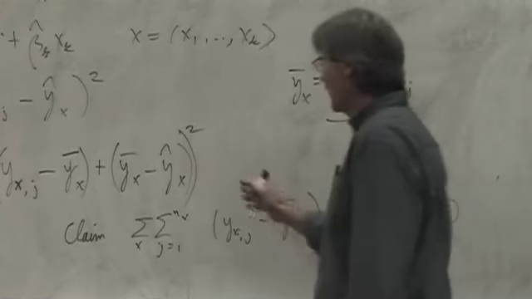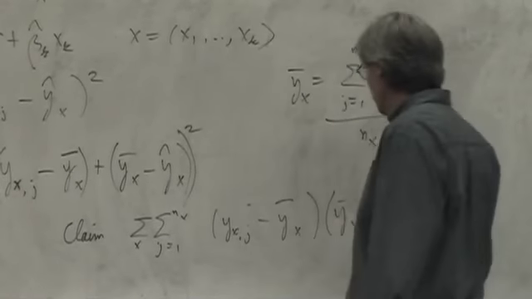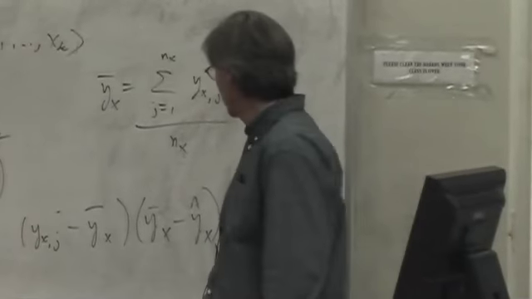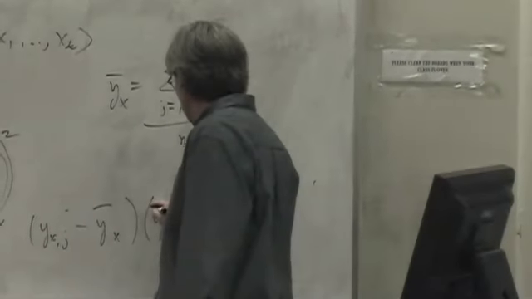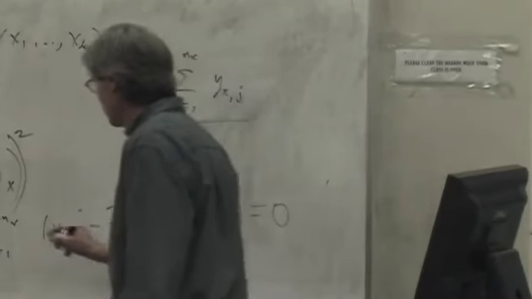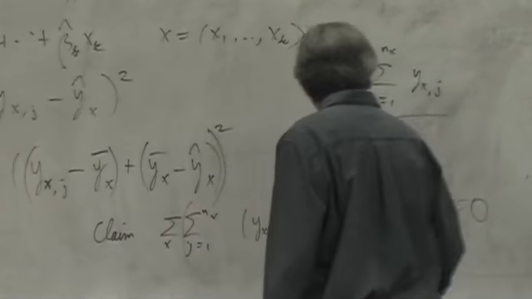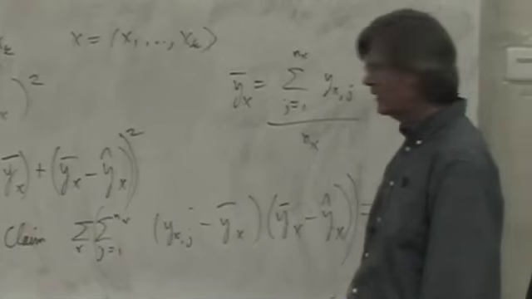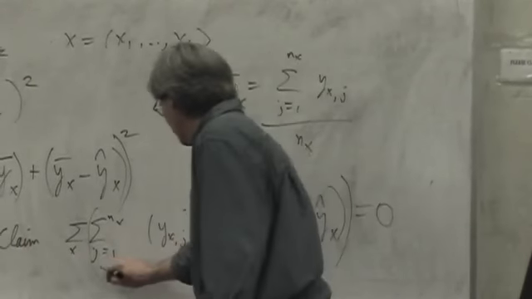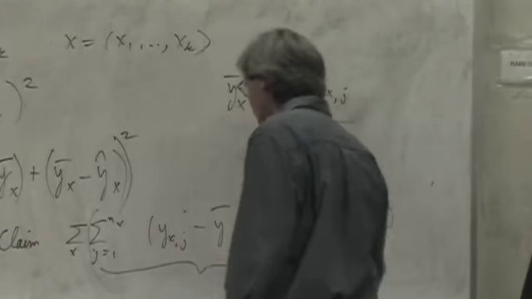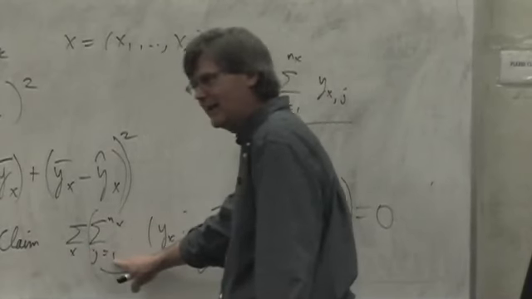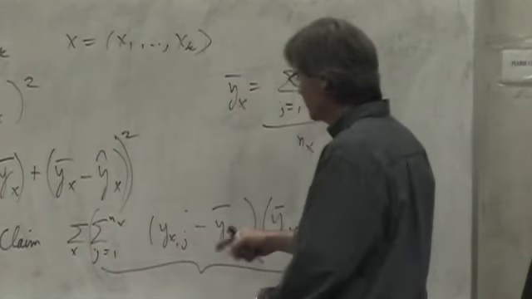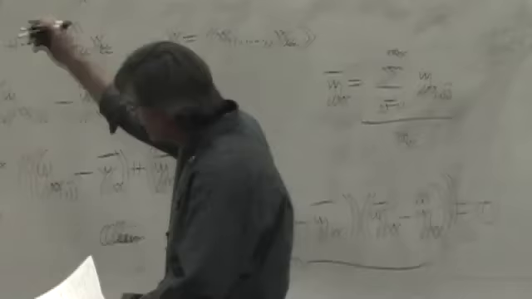So now I claim, if I actually square this out, that the cross product term is 0. So I actually do get a decomposition. That's pretty simple, because in fact the inner sum is equal to 0 for each x. Why is that the case? Here you have a double sum, x on the outside, j on the inside. For each x, I sum j goes from 1 to n x.